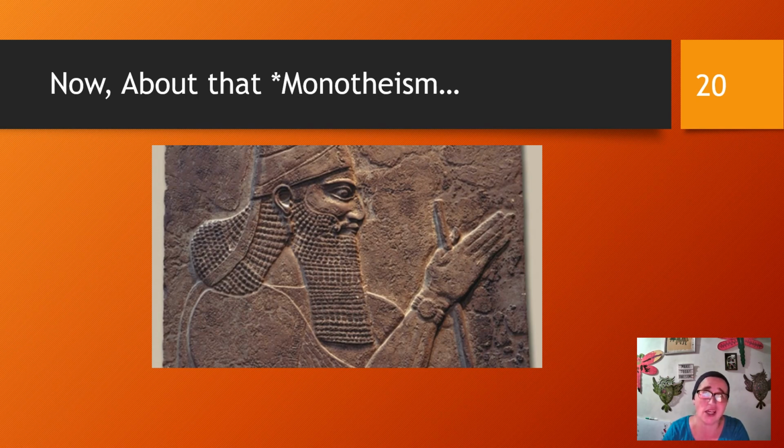Henotheism. I don't teach spelling, but it's something like that. Henotheism is the worship of one God, even though you acknowledge the existence of many. Monotheism is, generally speaking, the belief in only one God. Early ancient Israelites believed there were lots of different gods. They just believed theirs was the best.